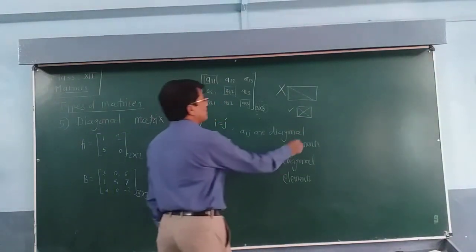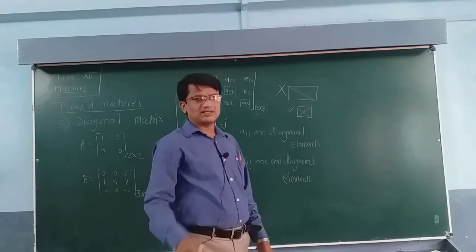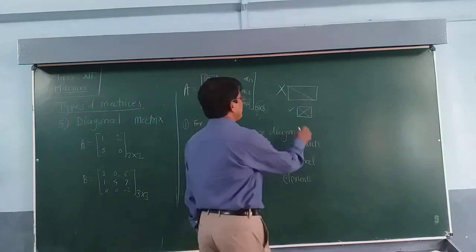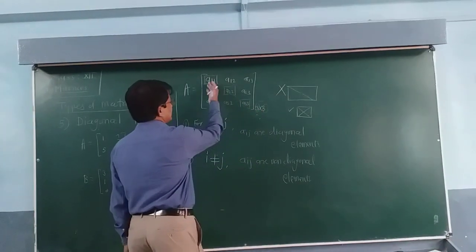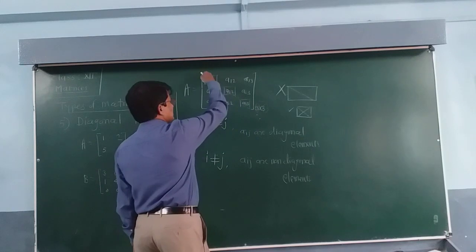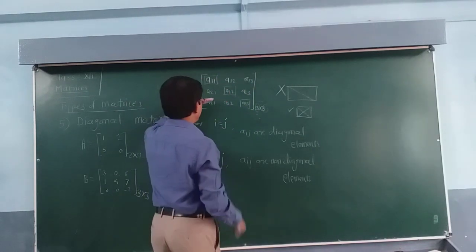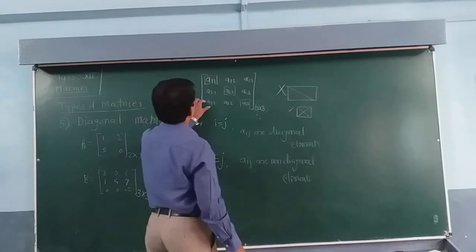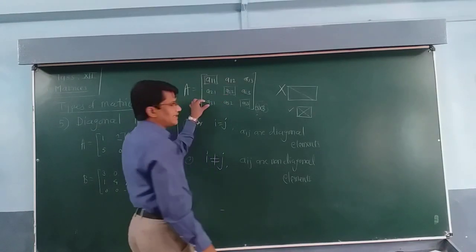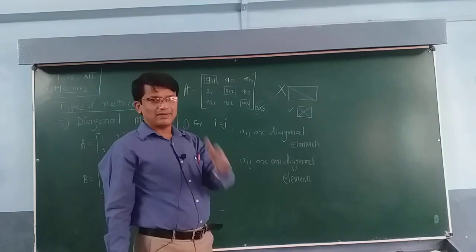So it is a square, and a square has two diagonals. But here, in a 3 by 3 matrix, this is the first diagonal and this is the other diagonal. In matrix concept, the elements arranged like that are not considered diagonal elements.